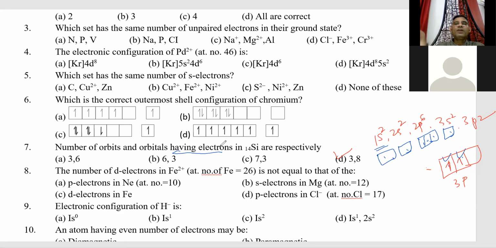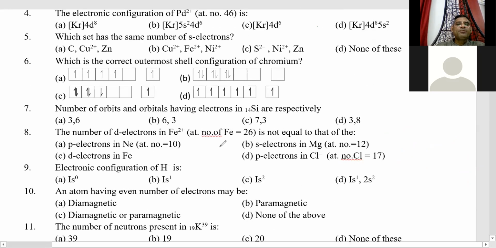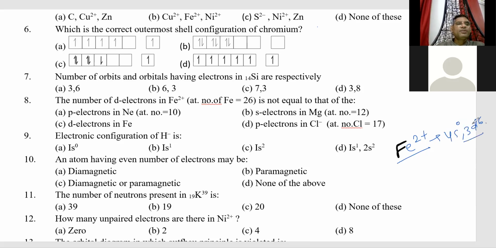Now see, what next is question number 8. Number of d electrons in Fe2+. Fe2+ means 4s0, 3d6. Now they are asking the number of d electrons in Fe2+ is not equal to that of the following.